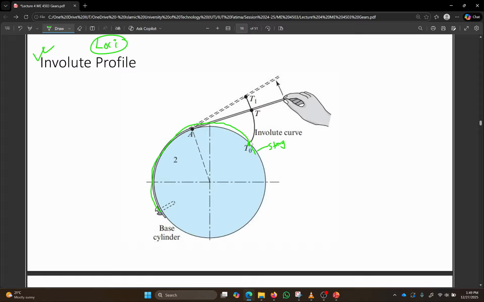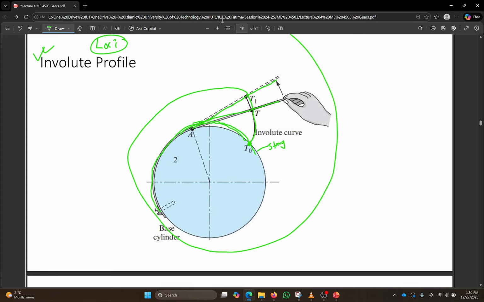At this point the string is like this, in the next second like this, in the next second like this. As you unwind the string, the trace that the pen makes is the involute. This path is the involute.